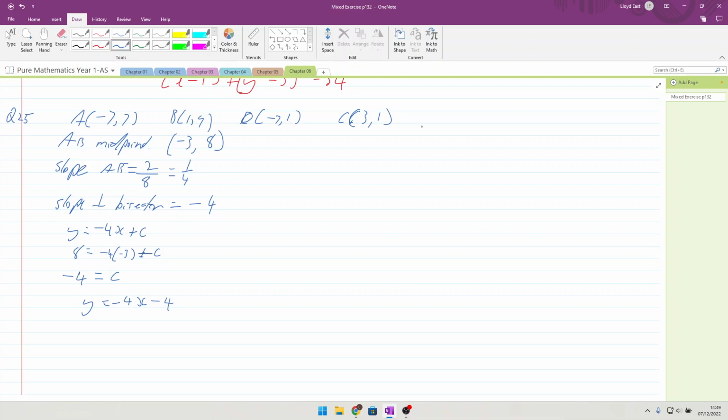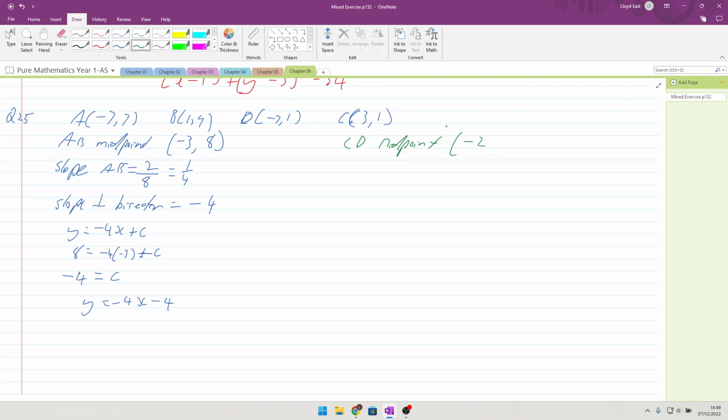Now they want it for CD. In exactly the same way, we go for the CD midpoint. Minus 7 to 3 is a difference of 10, so that's 5, and minus 7 plus 5 is minus 2.